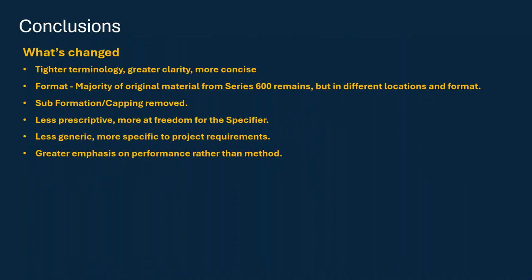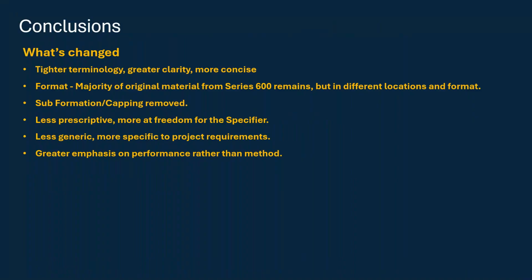What has changed a lot is the style. Much tighter terminology, greater clarity, more concise. The format has altered a lot. Materials being sensibly grouped into different locations than the original clauses. Again, same material, it's just in a different place and in a chapter now, rather than being a separate clause.